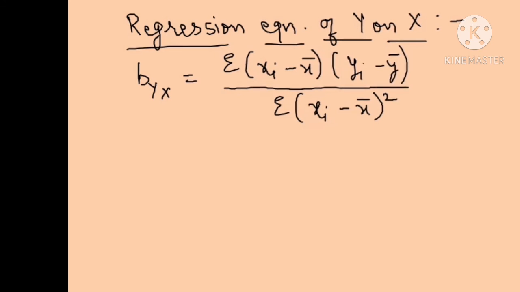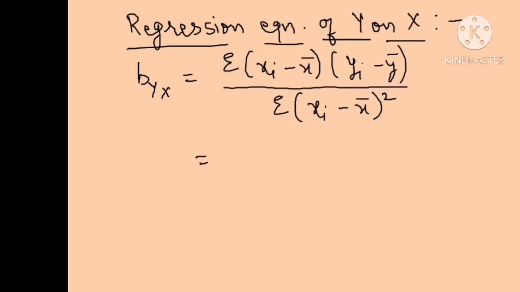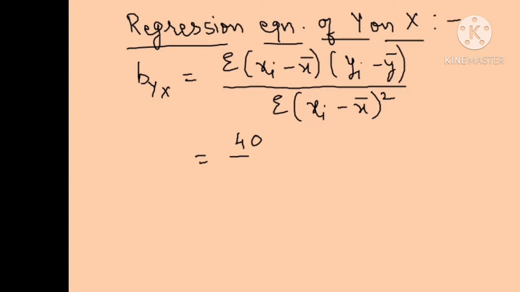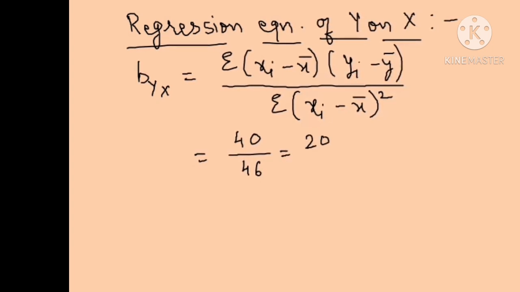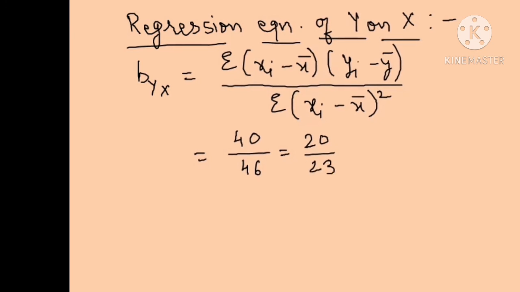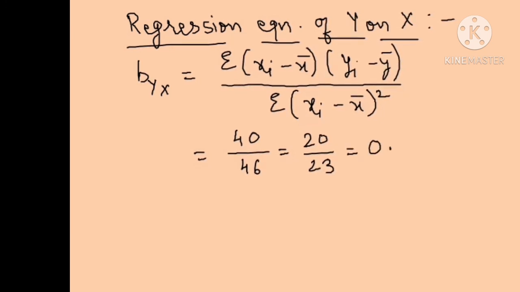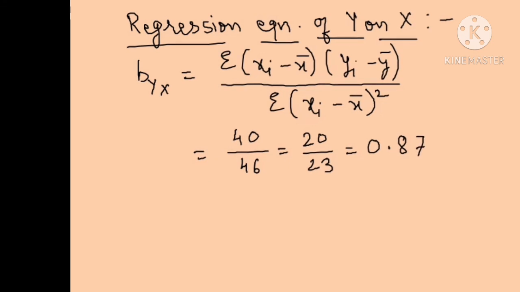So from the table we get these values. Let us substitute 40 upon 46. That is, if you reduce by 2, it will be 20 upon 23, and that comes equal to 0.87.